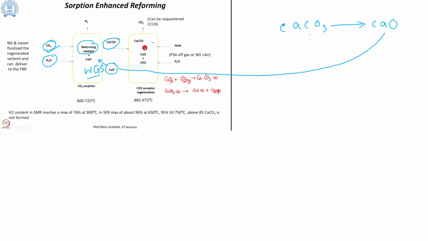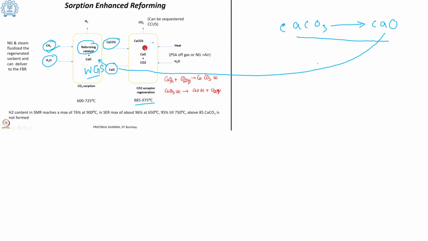This regeneration of CaO is a very high energy intensive process. It requires very high temperature, 885 to 975 degrees centigrade. It means that regenerating CaCO3 to make CaO is very difficult. It requires high temperature, and one extra unit is also required.